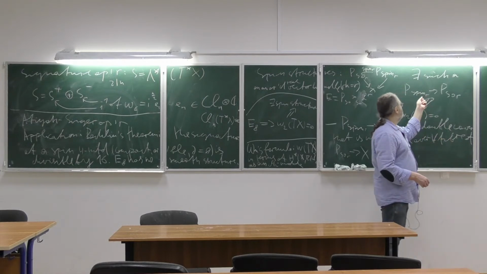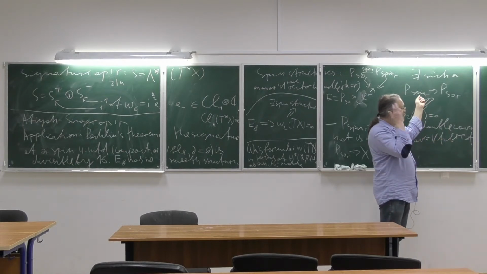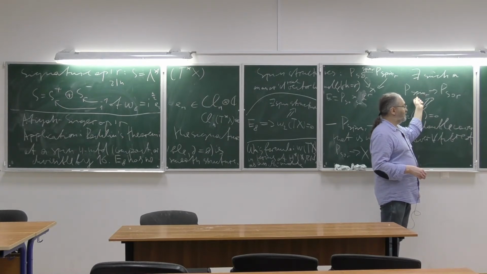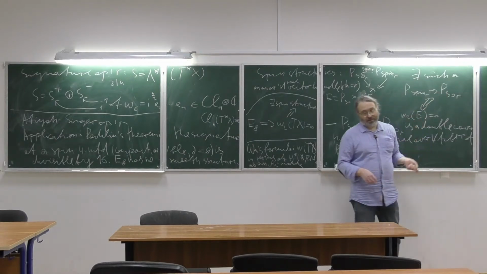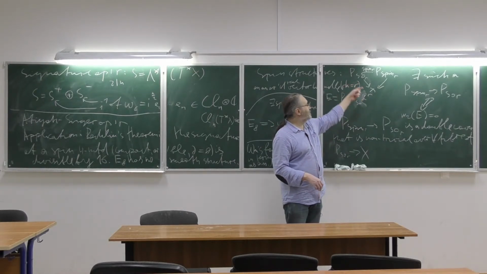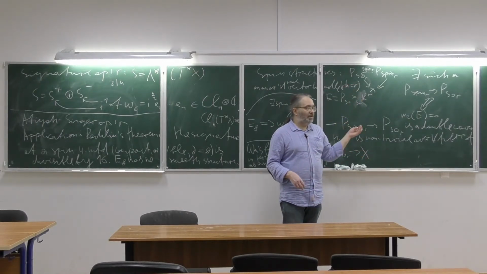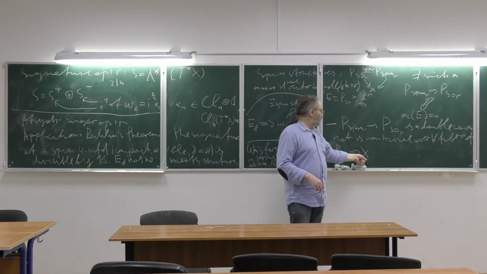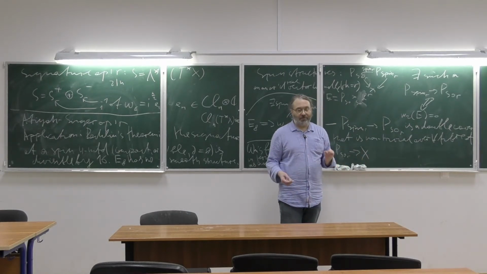Basically, if we have a spin principal bundle and the map of principal bundles, which commutes with the action of spin, then over each X we have a double cover.